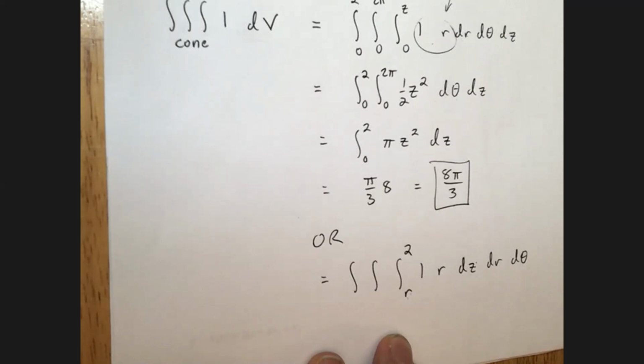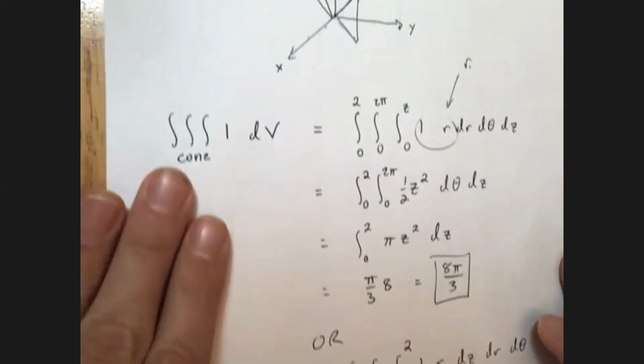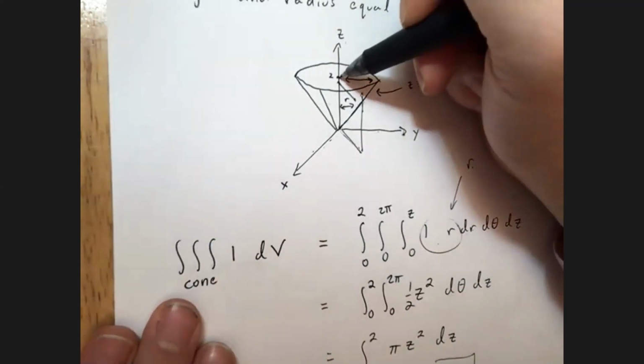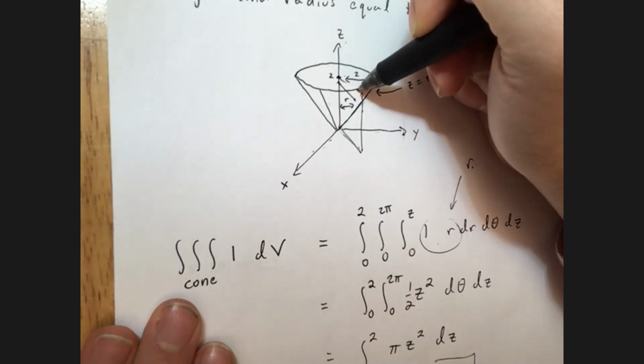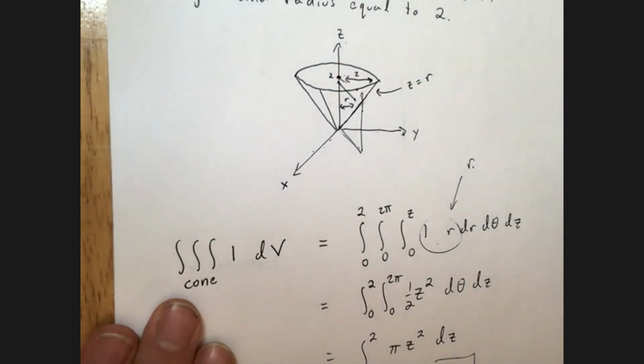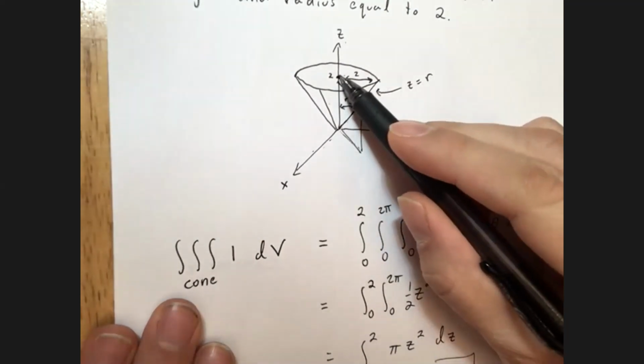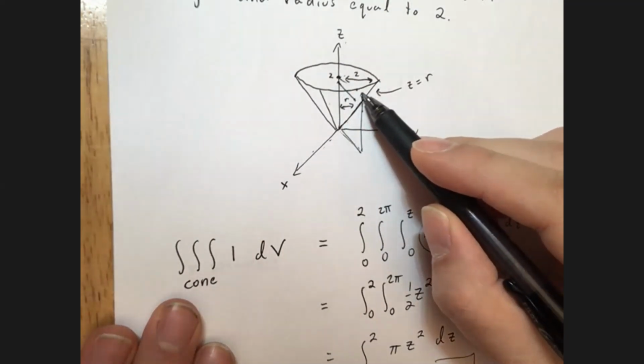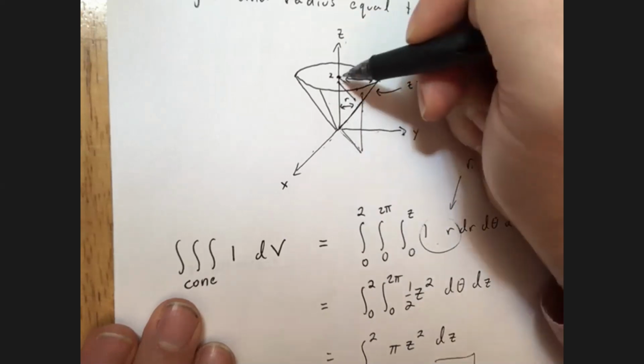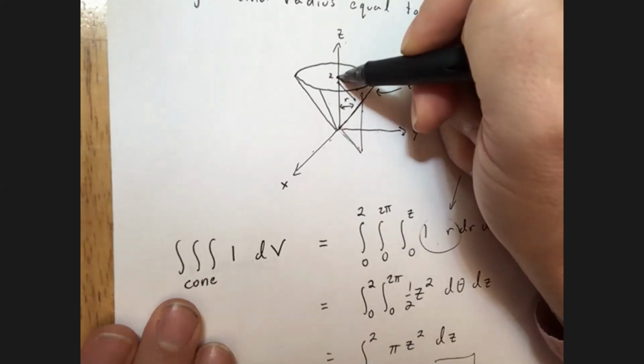Okay. Now, what does r go from? R starts at the center and goes all the way out to the edge of the cone, right? I'm going to go from r to 2 for every r from here all the way out to the perimeter. So if I'm at the center, z is going to go from 0 to 2.